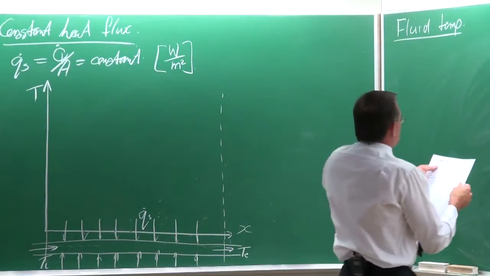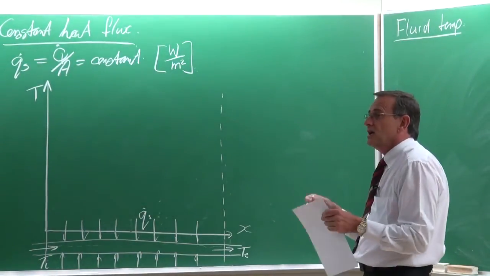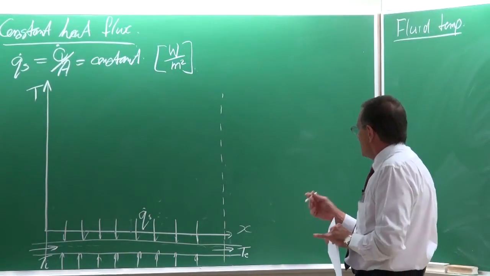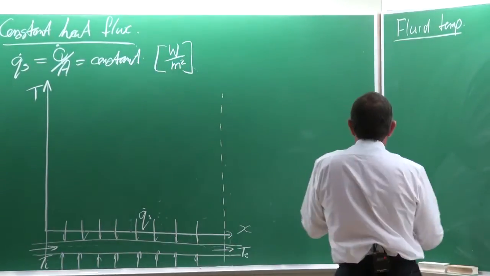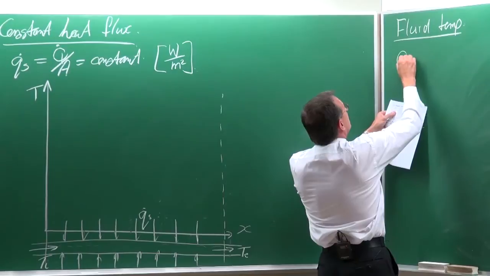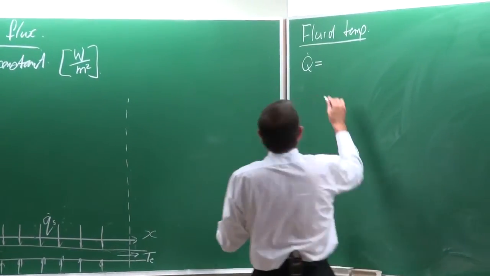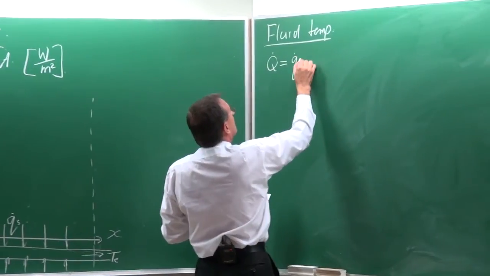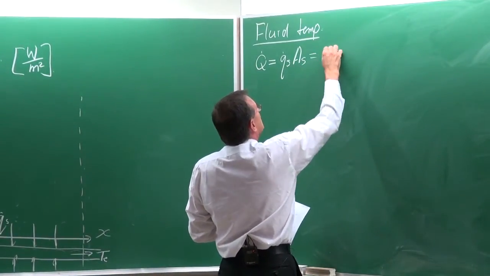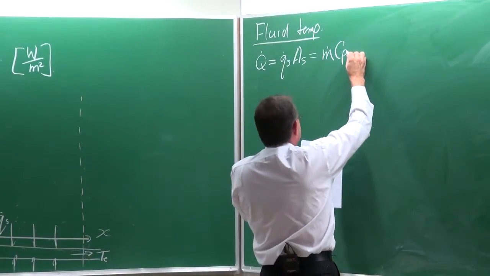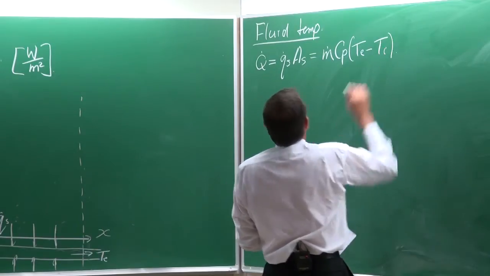Okay. So if we look at getting the fluid temperature, let's start with the easiest case, and that is determining the outlet temperature. In terms of the heat transfer rate, we can say it is also equal to the heat flux multiplied by the surface area, and that is equal to the mass flow rate multiplied by Cp multiplied by the outlet temperature minus the inlet temperature.